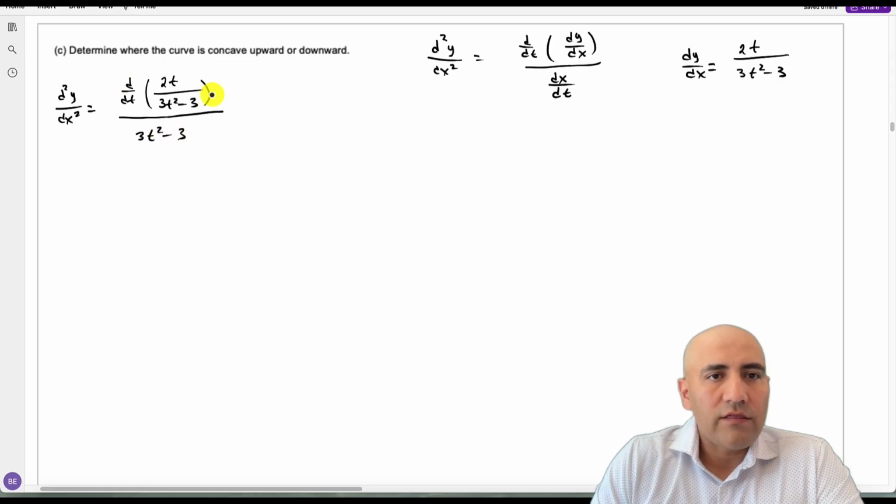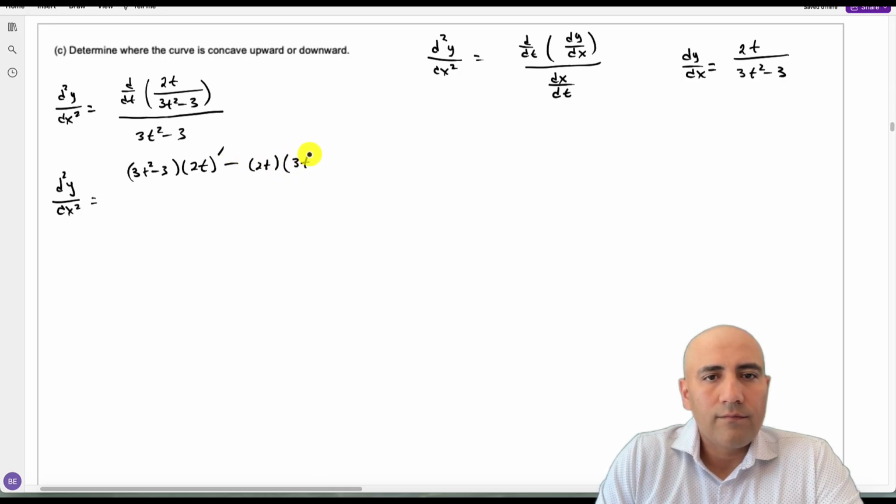Okay, so just focusing on this numerator up here, that's just going to be a quotient rule. So let's expand that whole thing out. The derivative is going to be equal to low d high minus high d low, all over the denominator squared, we go: (3t squared minus 3) squared.